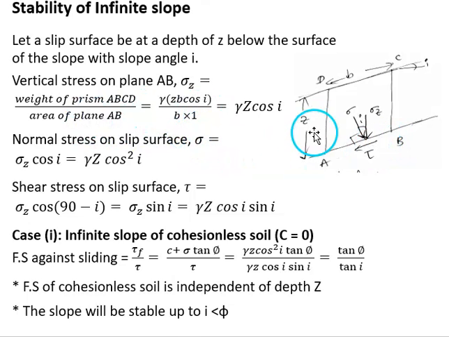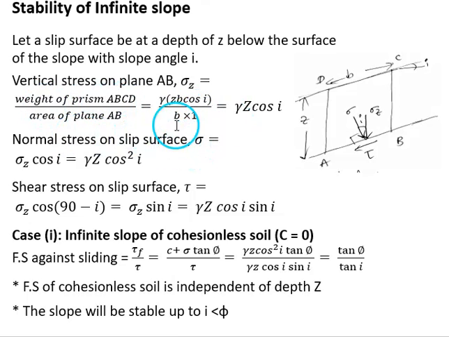So here weight of prism ABCD, we should take volume of this multiplied by unit weight of soil. So here we can take the volume as z into b cos i, where thickness is z and width is b cos i. If you take the unit thickness, then multiplied with the unit weight of soil, you will be getting the weight of prism.